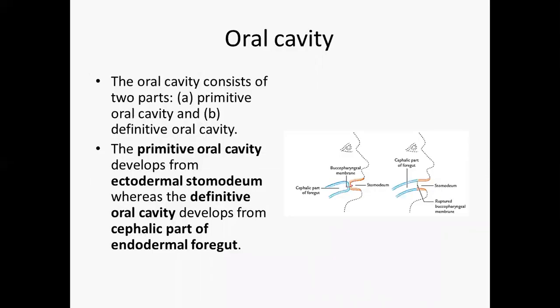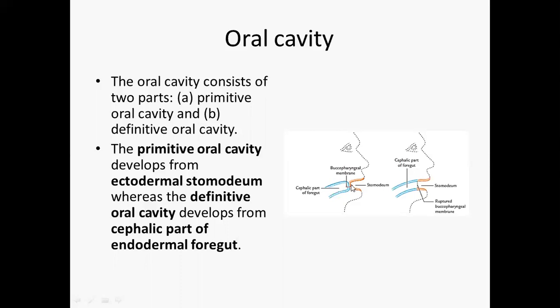Now comes the oral cavity. The oral cavity is made up of two parts: a primitive oral cavity known as the stomodeum and a definitive oral cavity. Now, this primitive oral cavity, if you remember, is ahead of the prechordal plate, where the ectoderm was in close contact with the endoderm, and there is no intervening mesoderm.